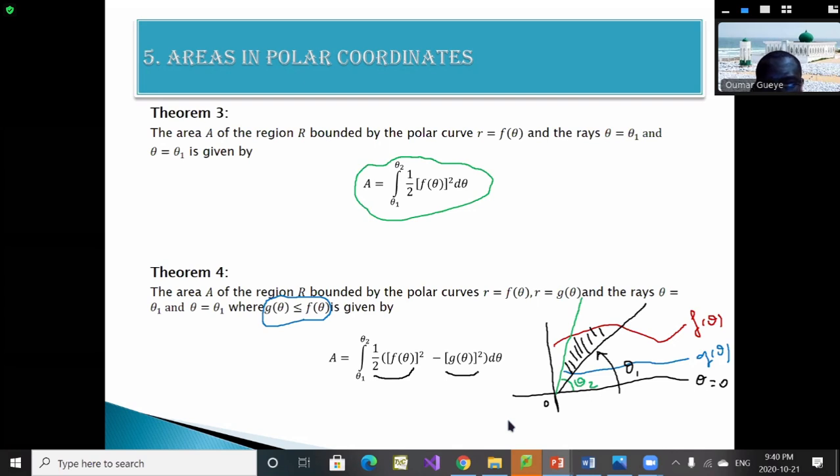So basically it means when you want to calculate the area between two polar curves, it's going to be 1/2 bracket the square of the greater function minus the square of the smaller function. Okay, so next I'm going to give you two examples where we're going to apply these two formulas.